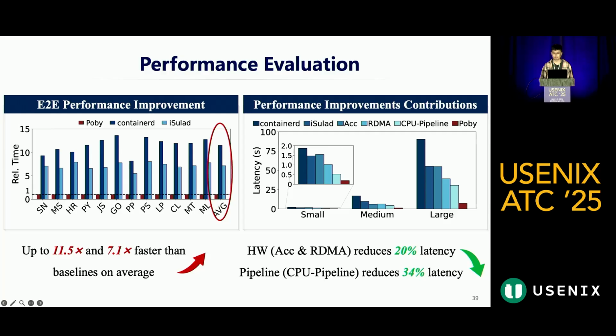Our performance evaluation shows that Poby achieves an average speedup of 11.5 times over containerd and 7.1 times over iSulad across all workloads. We also detailed the contribution of our designs to performance improvement, where effective utilization of the hardware reduced the Coldstart latency by 20%, while pipeline designs further reduced the latency by 34%.